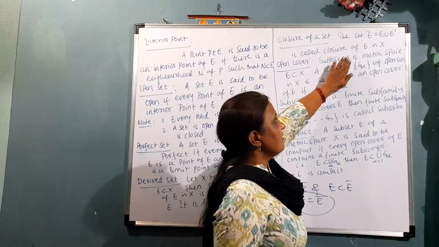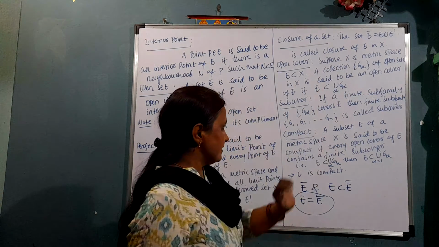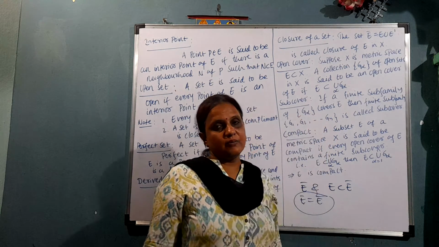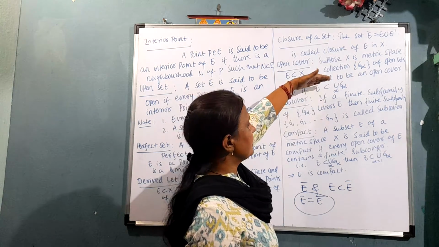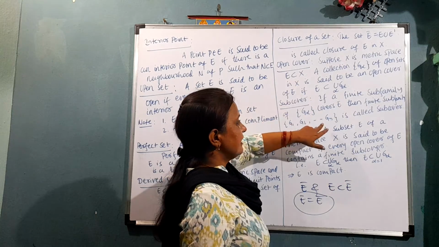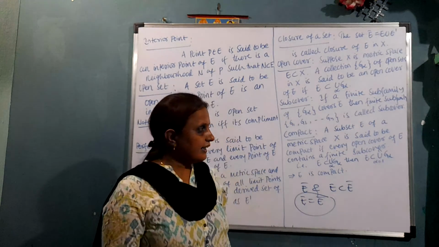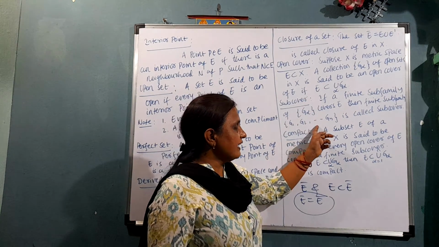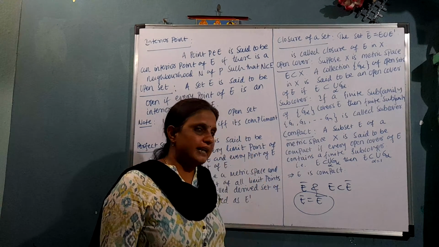Suppose we have an open cover, and we take a subfamily of this, say G1, G2, and so on up to Gn, a finite number of open sets, and it also has the same property as the open cover, then it is called a subcover. If a set has every open cover containing a finite subcover, then that set is called a compact set.